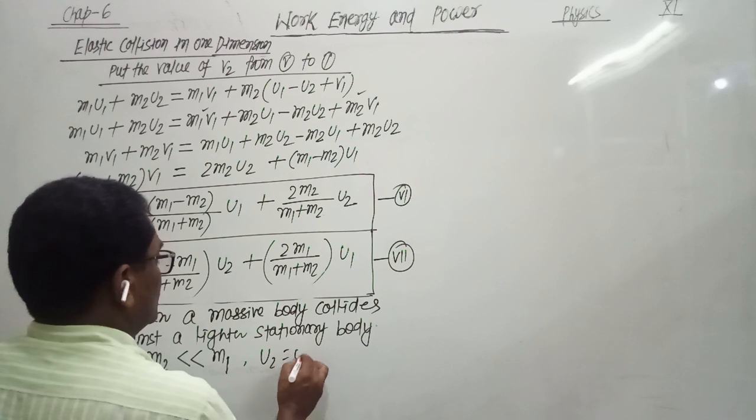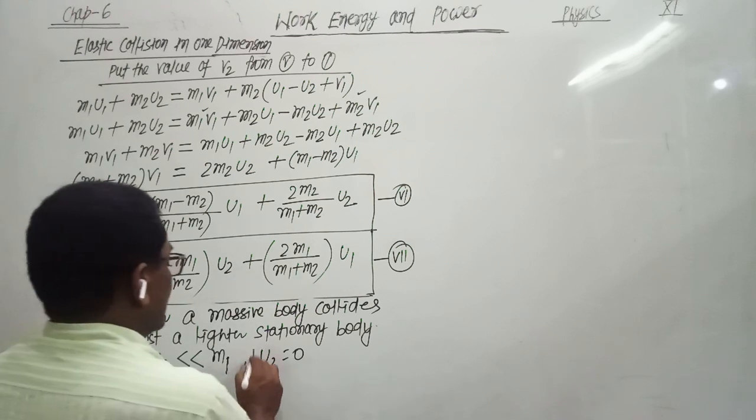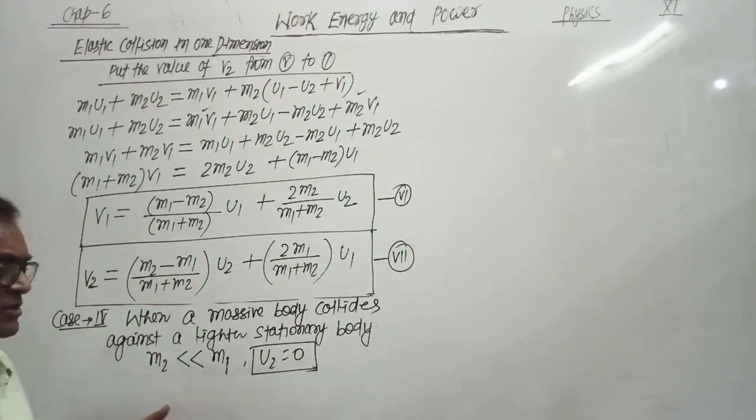U2 equals to 0. In the previous case, U2 was also 0 and again U2 is 0. Only there is a change that in the previous case M1 was much less than M2. The body which was moving was lighter.